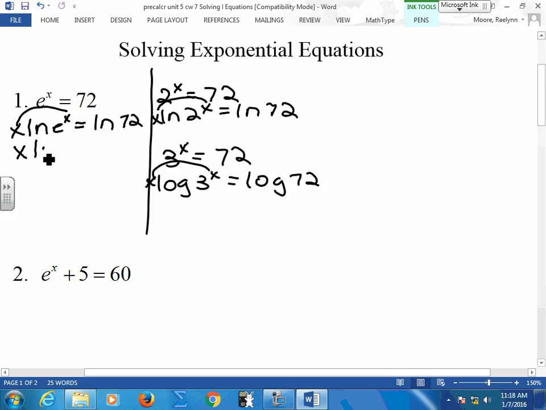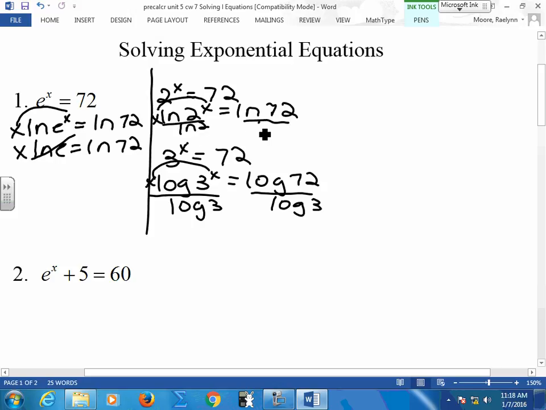Now this one's nice because you have this nice little property that says ln and e cancel each other out. They're inverses of each other. Not in this case. In this case, we have to divide both sides by log 3, or log 2, or ln 2. But this one has a nice little property with the ln and the e. And then I'm just left like this.